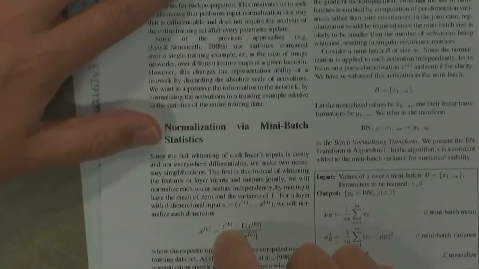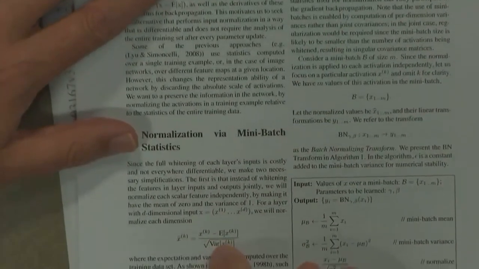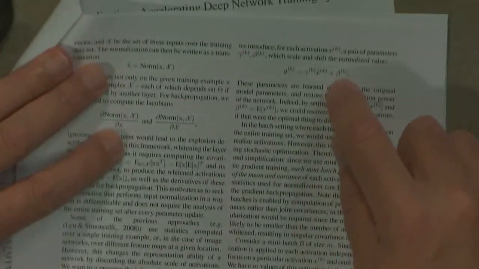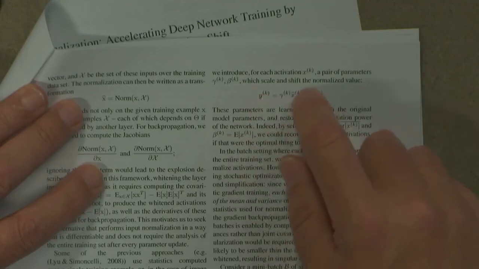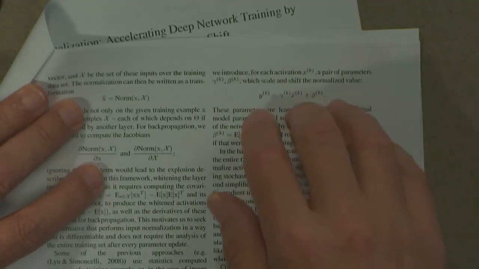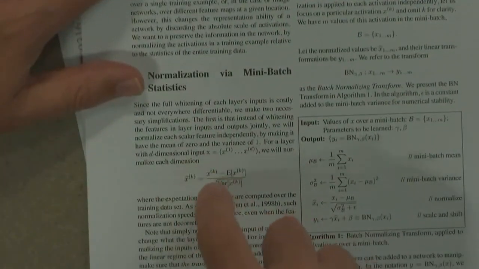So this yk looks like the original xk if gamma is the square root of the variance and beta is the mean. Now I know you're saying, it seems like you're just putting back the original data. No, what you end up doing is changing the process, where now the weights of your layer are driven by this signal.